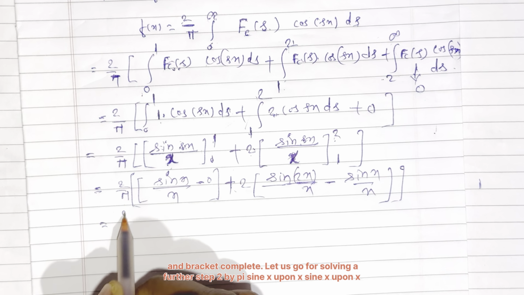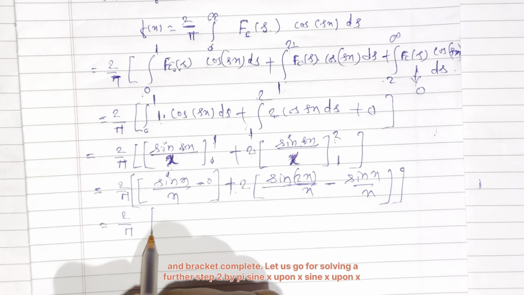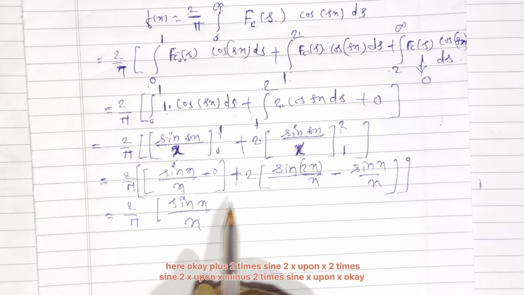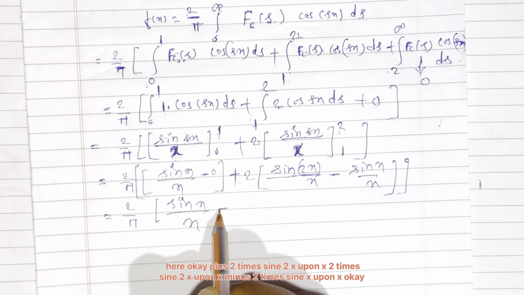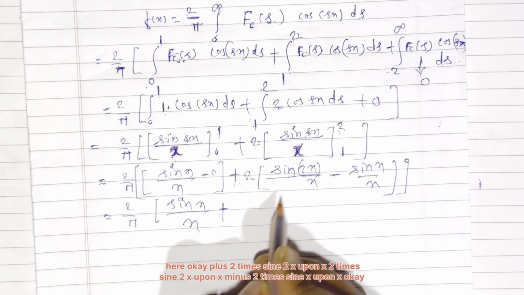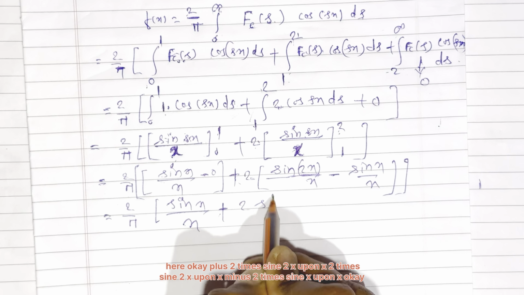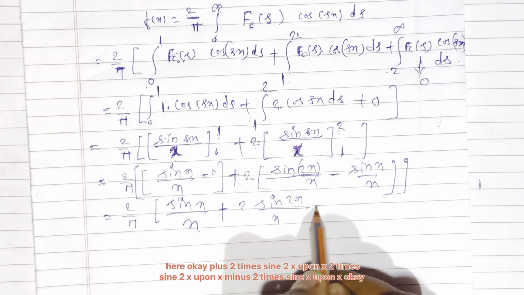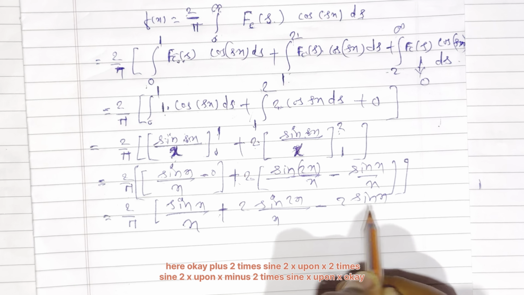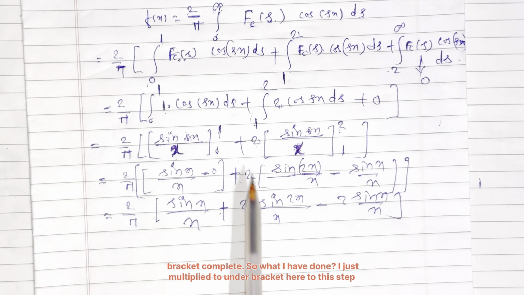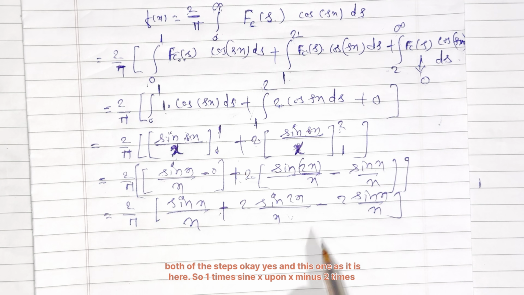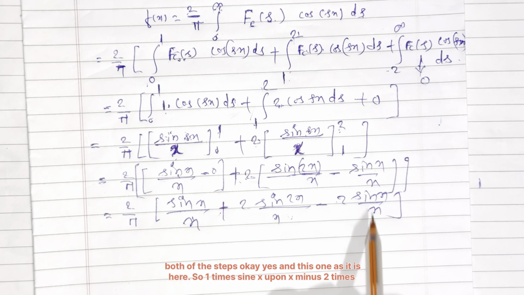Let's go for solving a further step. 2 by pi sine x upon x, plus 2 times sine 2x upon x minus 2 times sine x upon x. Bracket complete. What I have done is multiply the 2 under bracket to both of the steps, and this one as it is here. So 1 times sine x upon x minus 2 times sine x upon x.